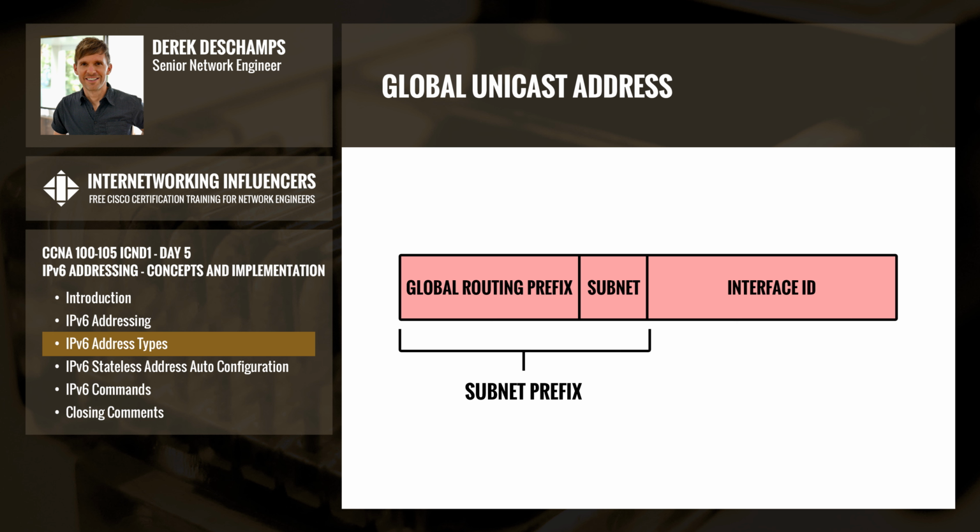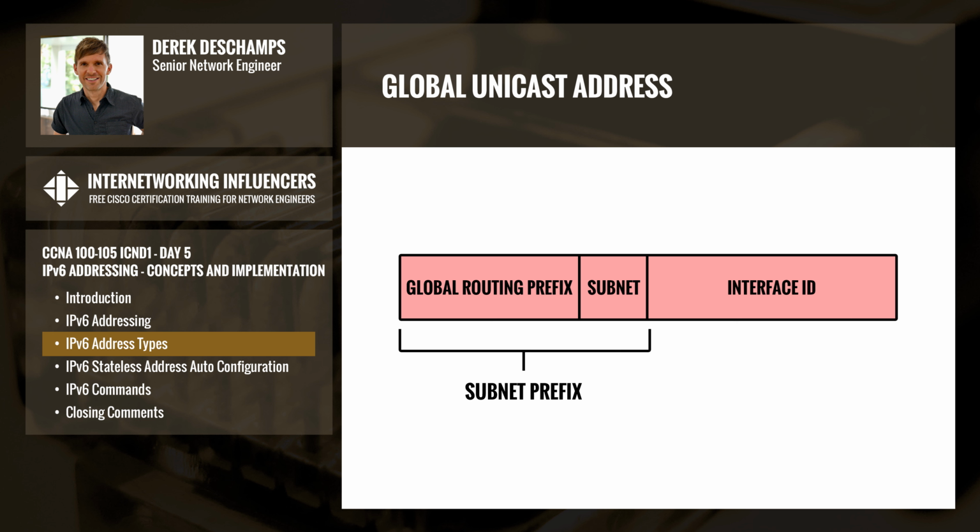A global unicast address is comprised of three parts. The global routing prefix is the portion of the address that is assigned by the Internet Assigned Numbers Authority and is used to identify an individual site. The subnet bits are used to number individual subnets in the same way they are used in IPv4.